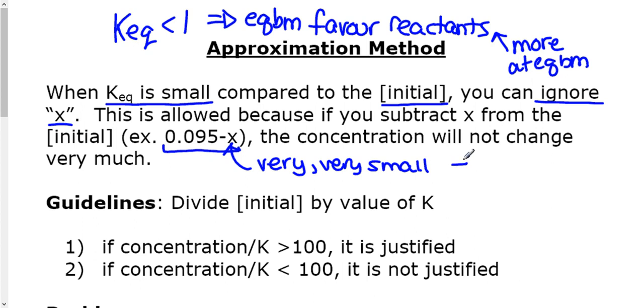You might get a number that looks like 0.0949999, and so on. The number is going to be really close to the starting value. So we can essentially eliminate it or say it's going to be approximately the same concentration as what we started off with. How do you know when you can use this little trick?